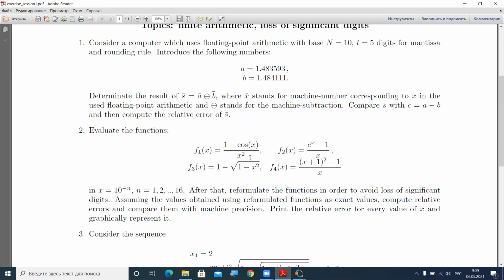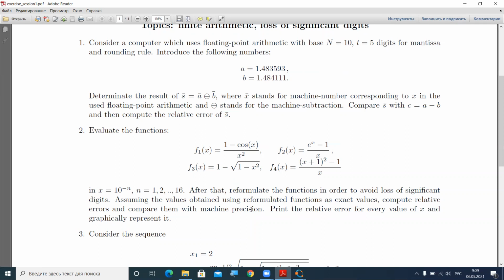Now reformulate this function in order to avoid loss of significant digits, assuming the values obtained using the reformulated function are exact, and then compute relative errors and compare with machine precision. Then print the relative error for every corresponding x, and then sketch the graph, graphically represent this function.